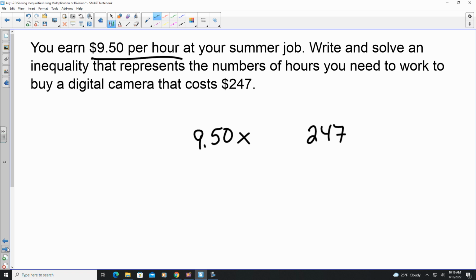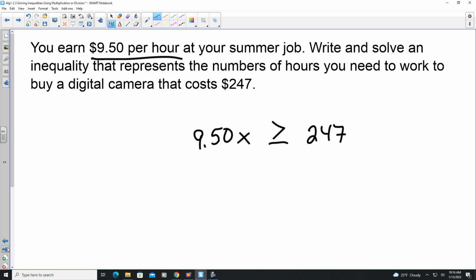And the camera that you want to buy is $247. Could you have exactly that many hours? Yes, so it could be equal to. Could you work more hours and get more money in order to buy the camera? The answer is yes. So the inequality I'm planning on using is greater than or equal to in this situation.